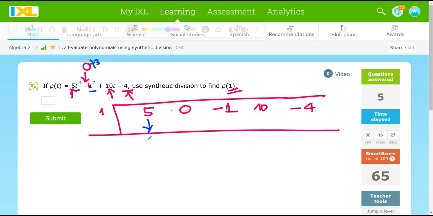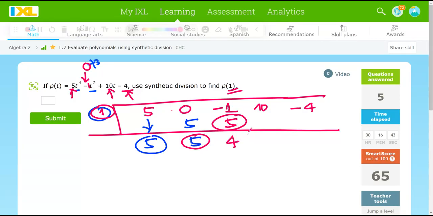First, I move down number 5. 1 times 5 becomes number 5. 0 added with 5 becomes 5. The next number right here, I take 1 times 5, also number 5. Negative 1 with 5, that's a positive 4. Okay. Next number right here, I take number 1, I multiply with 4, so that's a 4.